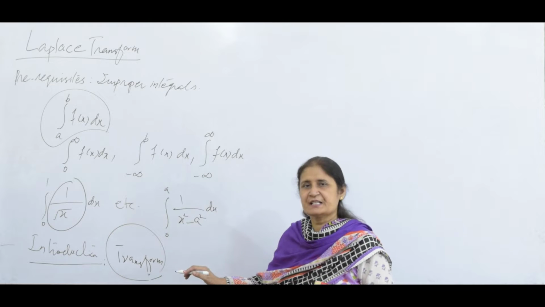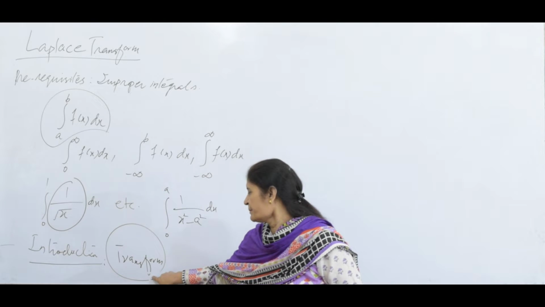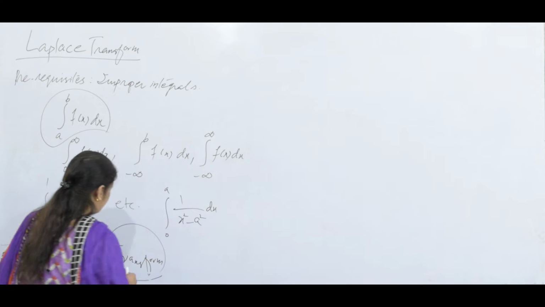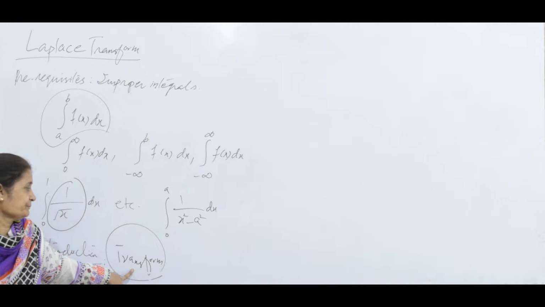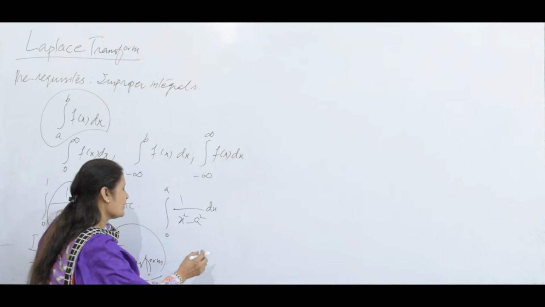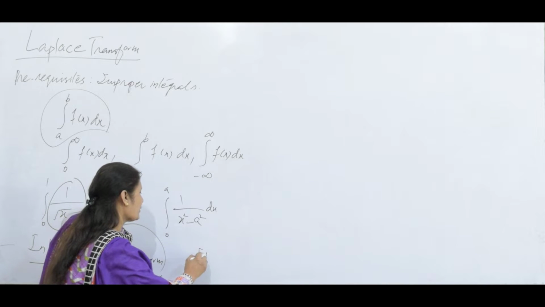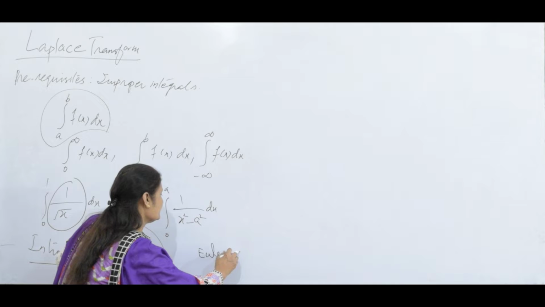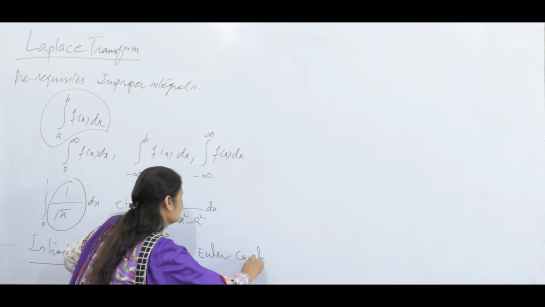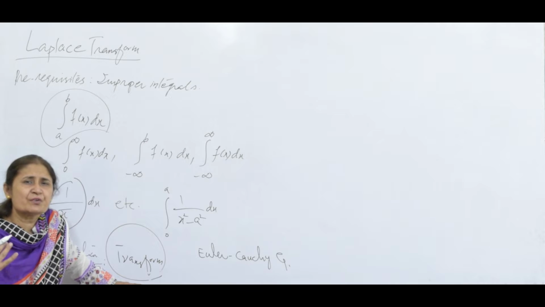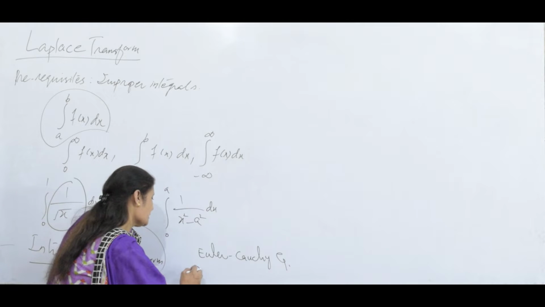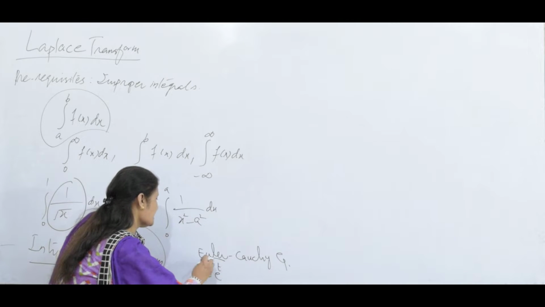In mathematics, the word transform usually refers to a device. For example, if we were talking about the Euler-Cauchy equation, which we convert by using the transform x is equal to e^t.